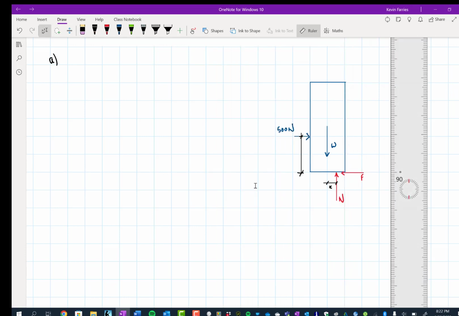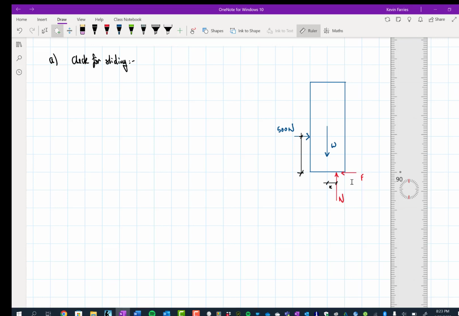Now, let's do first things first. So let's check for sliding. And so what we'll do is we'll just check the horizontal forces. They should be the same magnitude.